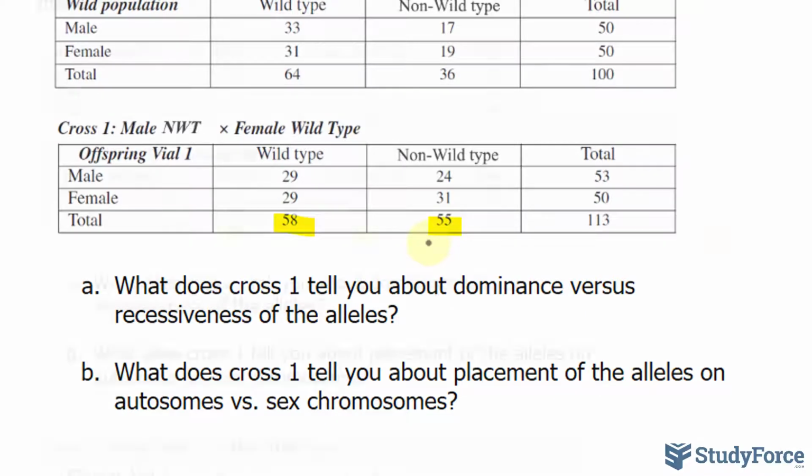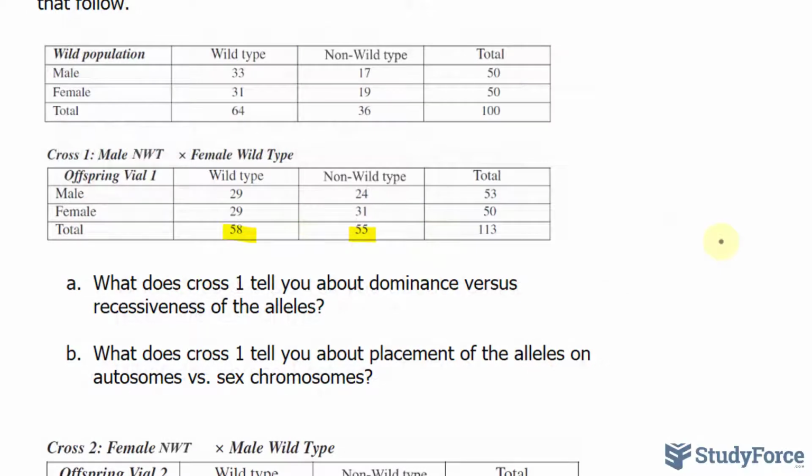And let me demonstrate why. Let's begin with the assumption that wild type is in fact dominant. So this female has the genotype, and we'll use the letter A for simplicity's sake, that the female is capital A, and the male, which is the non-wild type, assuming that it is recessive, would be little a.